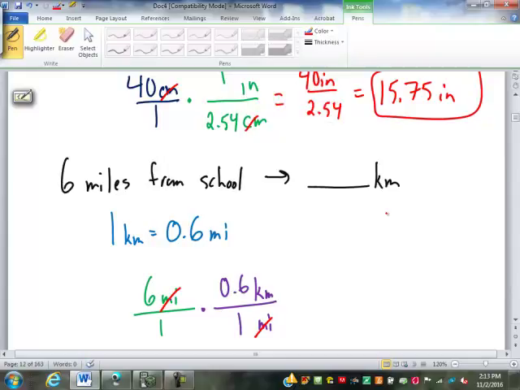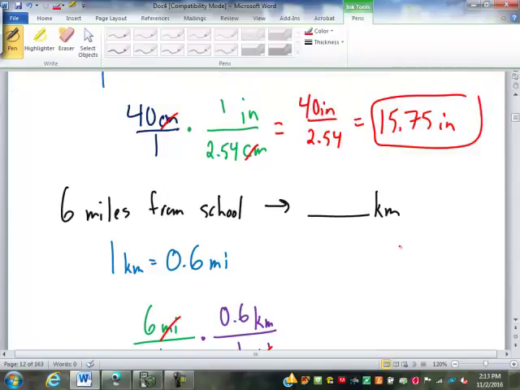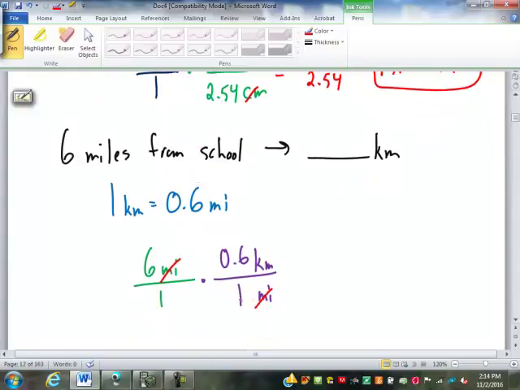Miles will cancel. Now at this point, you may have noticed a pattern when we're doing these conversions. There's always going to be 1 somewhere in that unity fraction. The larger unit is always going to be the 1. 1 inch is 2.54 centimeters. 1 mile is 0.6.